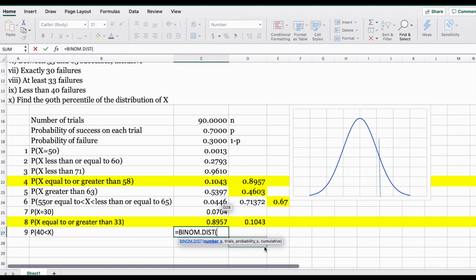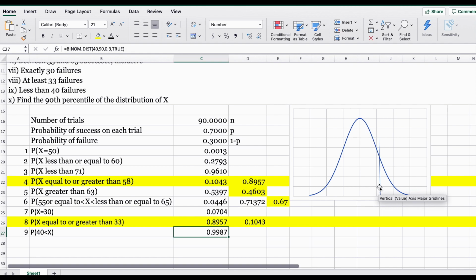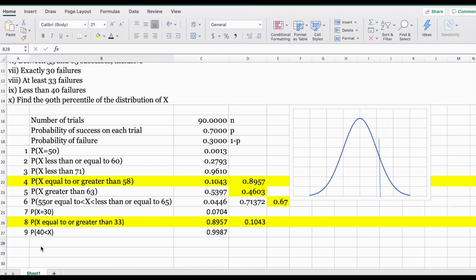We're looking at when x is equals to 40, number of trials is 90. Here we're still looking at 40 failures, so we're going to use 0.3. And we're using true statement because the true statement gives us the probability all the way till 40 on the left hand side. So here the probability of x when it's less than 40 is equals to 0.9987.